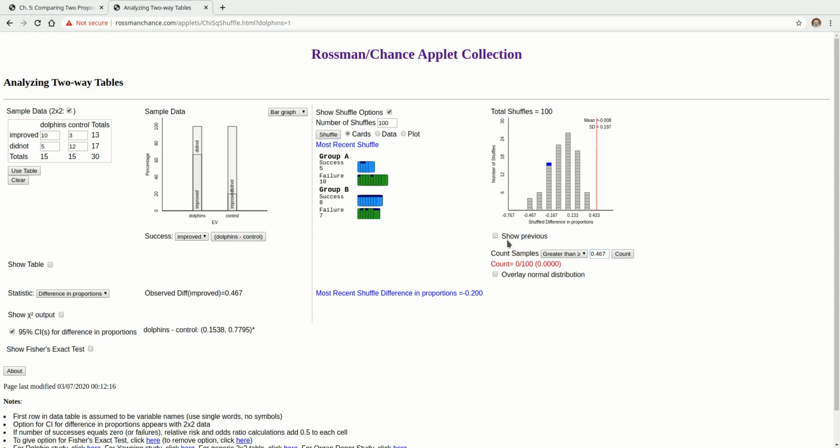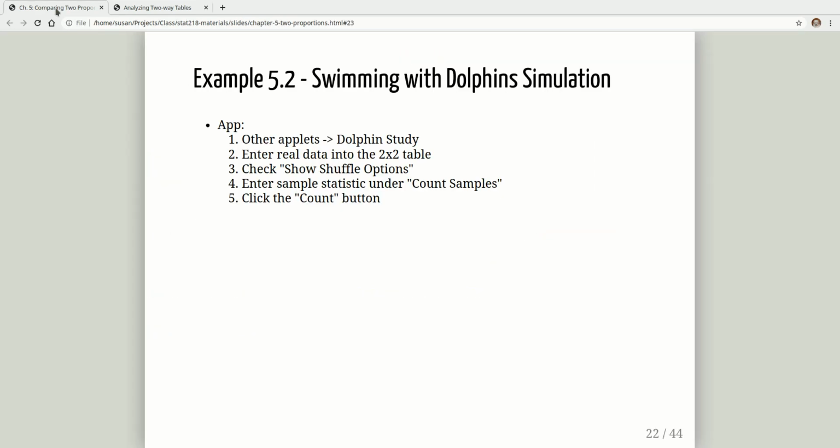So we're counting all of the simulations who had a value of greater than what we observed in real life, and we get 0. If we increase our simulations, do another 1,000, we get a p-value that is 0.0173. So basically, by random chance alone, we would expect to see this not that often. Okay?